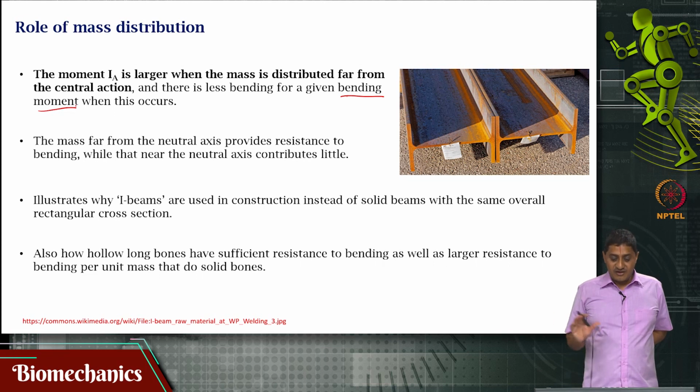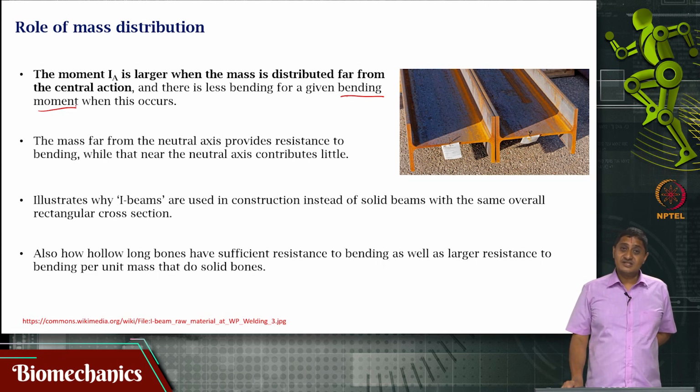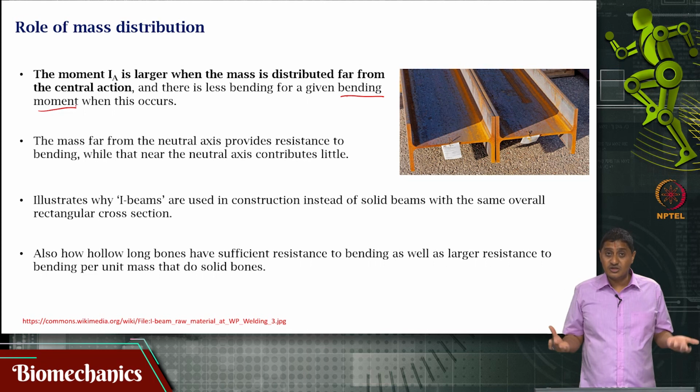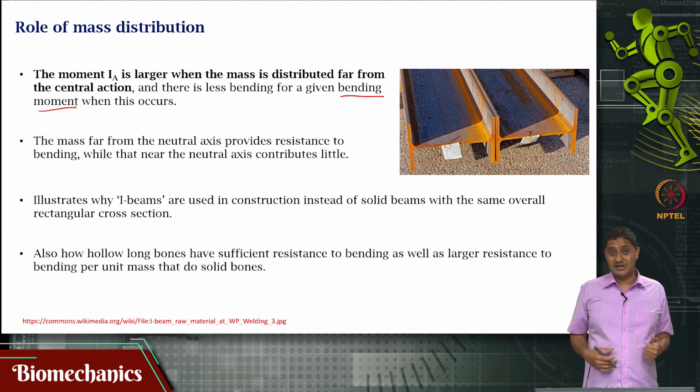This mass that is far from the neutral axis provides resistance to bending, while any mass that is distributed at the neutral axis practically provides zero or no resistance to bending.